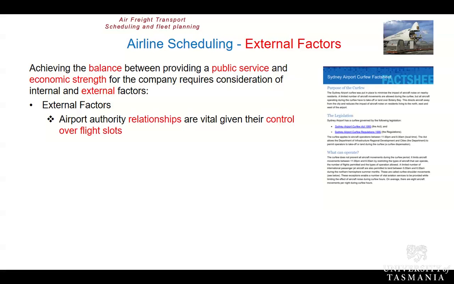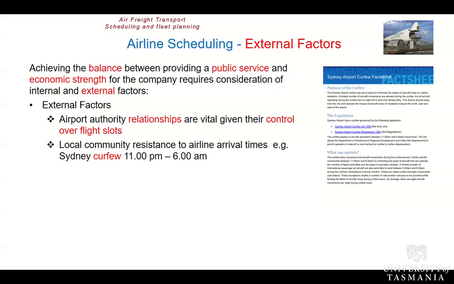It's incumbent on you as an airline to have a good relationship with an airport, and a lot of that's got to do with the fact that they're vital in control of the availability of access to that particular airport, whether slots are available or not. Also, more and more situations are arising where airports are having curfews and issues in regards to arrival. So Sydney Airport, for example, we've got a curfew of aircraft arrival between 11 a.m. and 6 p.m.